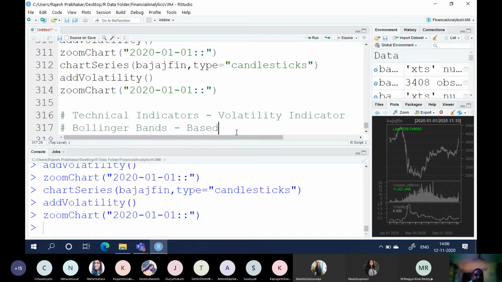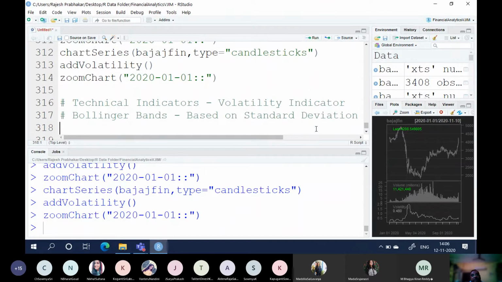So Bollinger Bands will form two bands above and below the chart, so that it will give you the support and resistance levels. So Bollinger Bands indicate support and resistance levels.